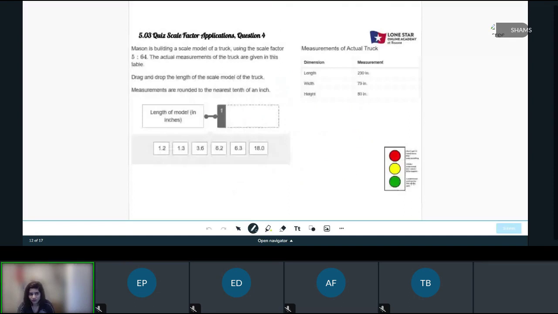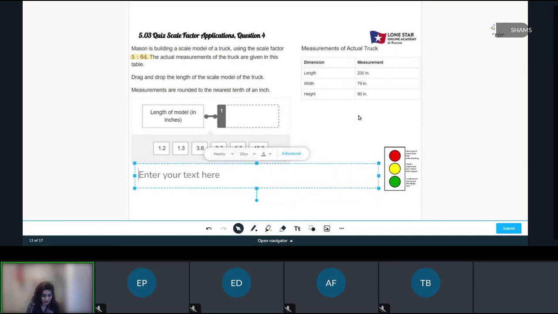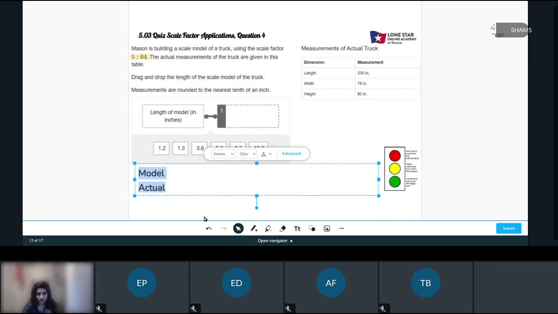Question 4 is here, first variety. The question says, Mason is building a scale model of a truck using the scale factor 5:64. If someone is drawing a scale model, that means they are telling you the ratio of model to actual is going to be 5:64.